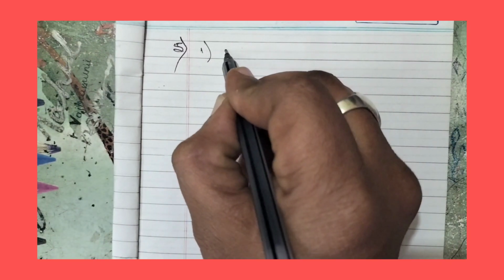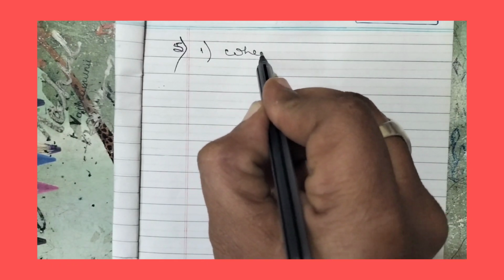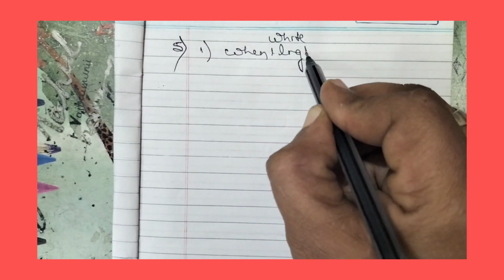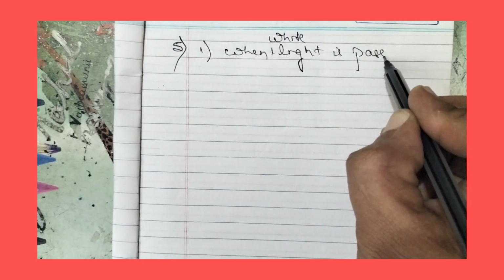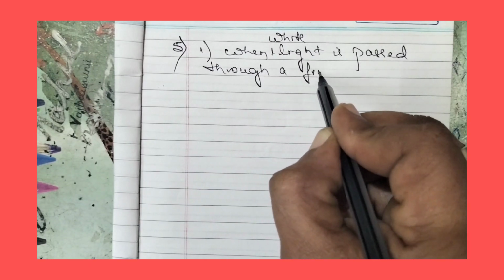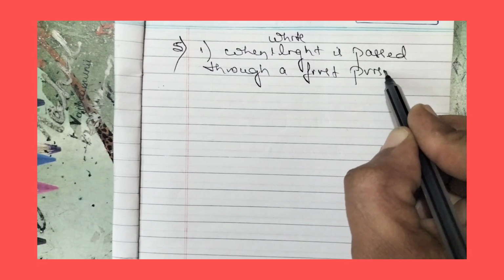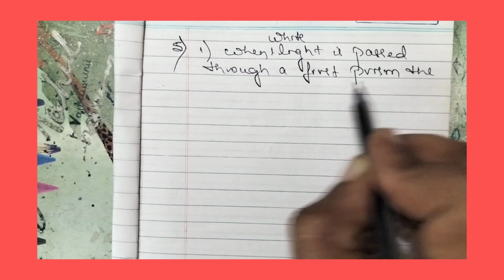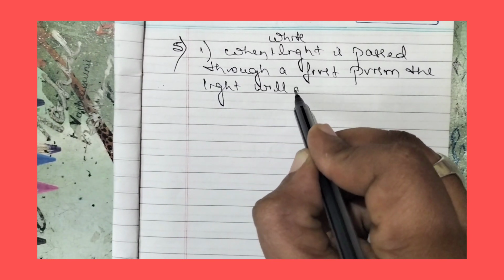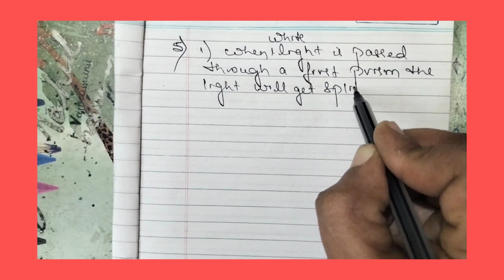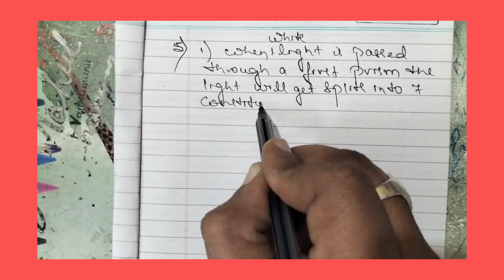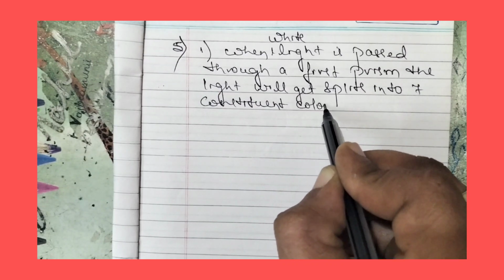The first point is: when white light is passed through a first prism, the light gets split into 7 constituent colors through the prism.